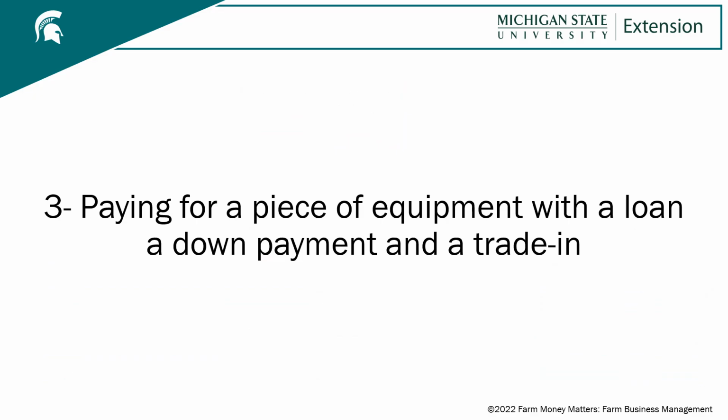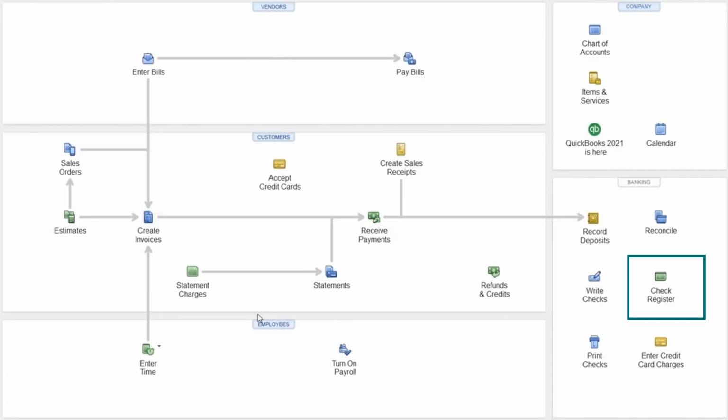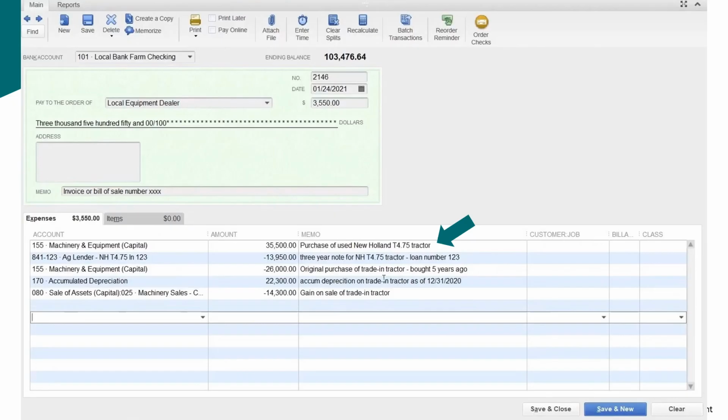Now let's move on to our new example. Entering the purchase of a piece of farm equipment with a cash down payment, equipment trade-in, and financing the balance. As always, there is the option of the check register, but we will use the write check option for this example also. Let's focus on the bottom section.